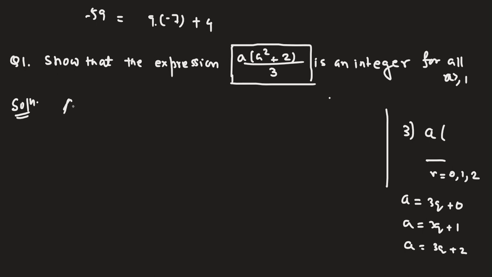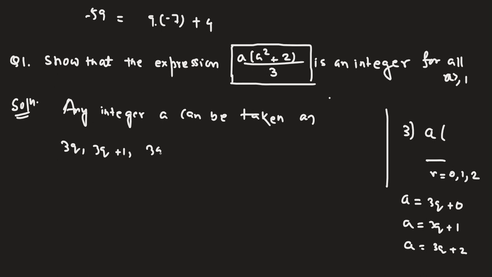So any integer a can be taken as 3q, 3q plus 1, 3q plus 2. Any integer is of one of these forms.